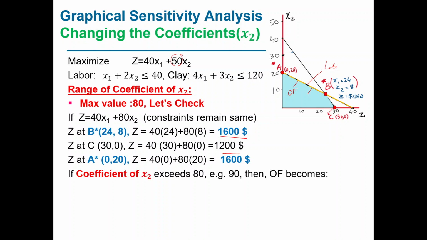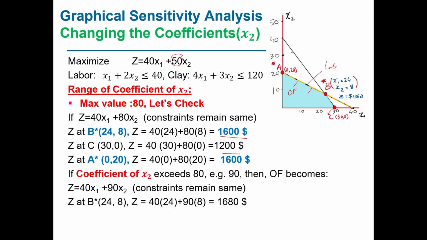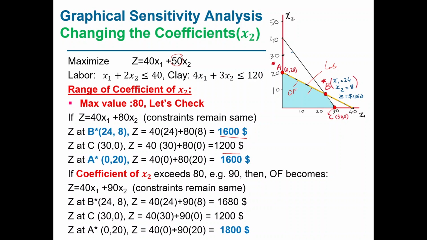Now let's see what happens when we exceed 80. Let's make it 90. Then our objective function will become 40x1 plus 90x2. Again finding the profit at these 3 points, we will see here that B is no longer an optimal point.